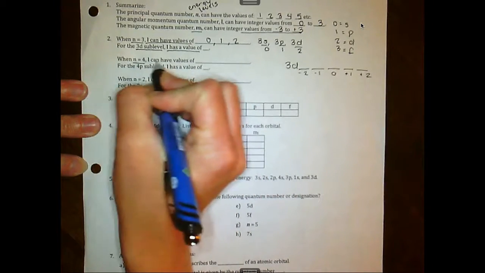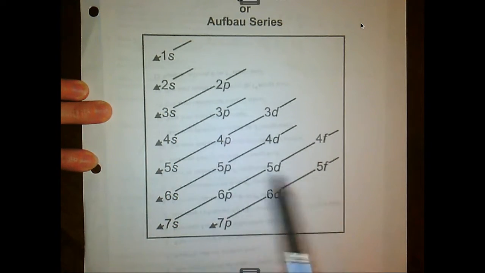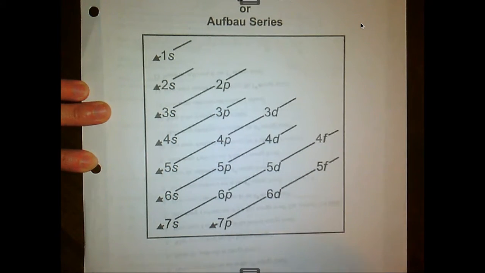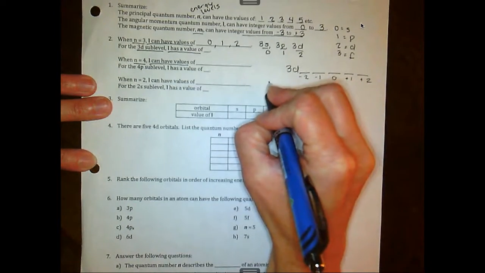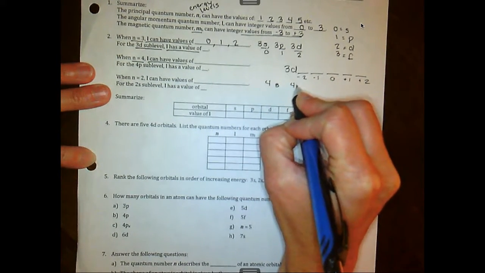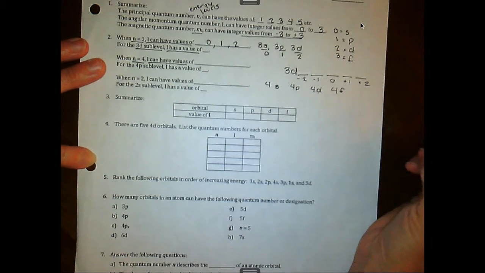The next one says when n equals 4, L can have values of what? So again, let's come back over here and take a look at what we've got. You see you have 4s, 4p, 4d, and 4f. So in this we have actually 4 possibilities. Okay, L could have how many values?